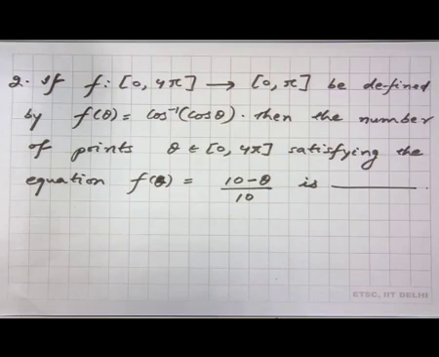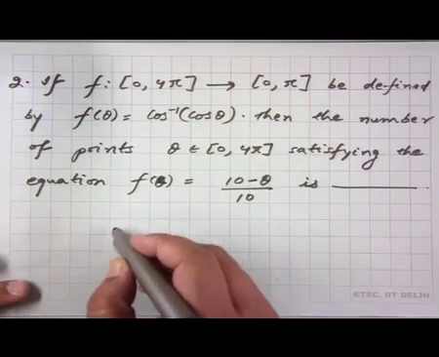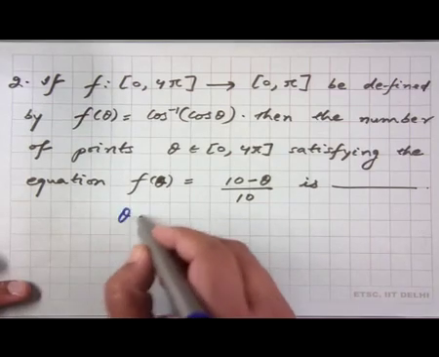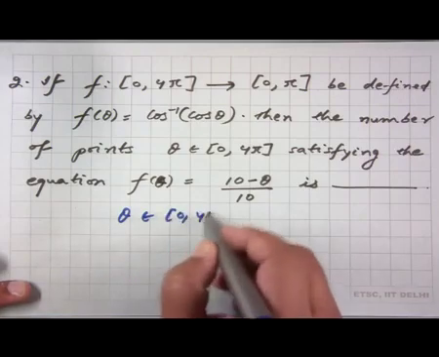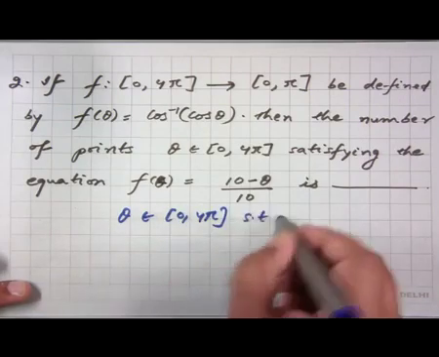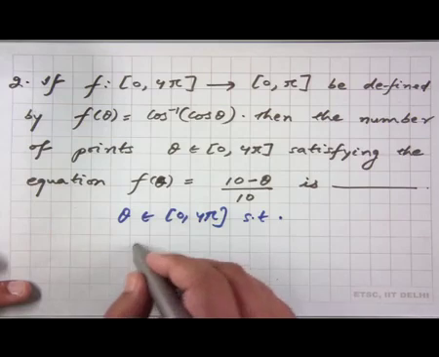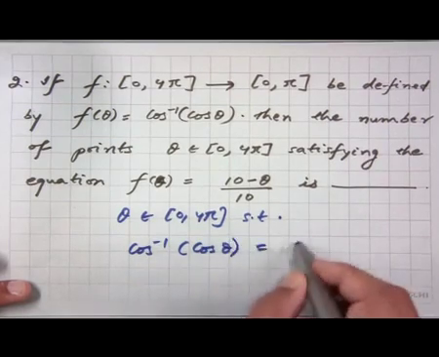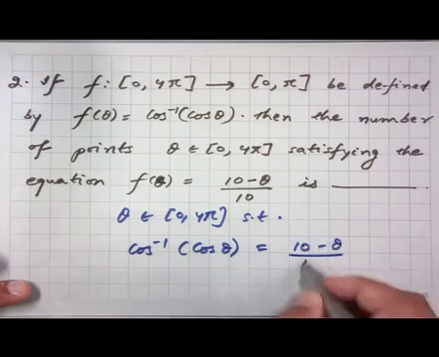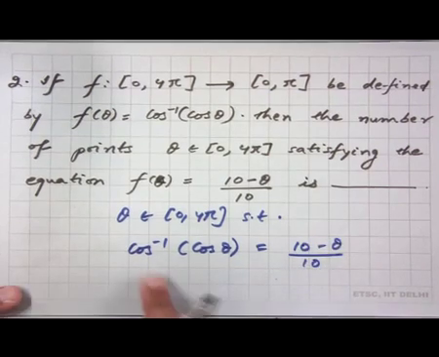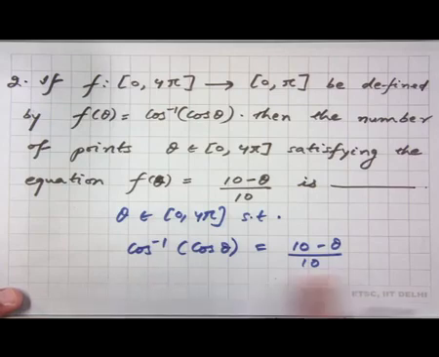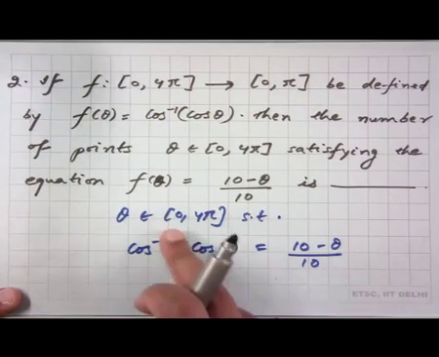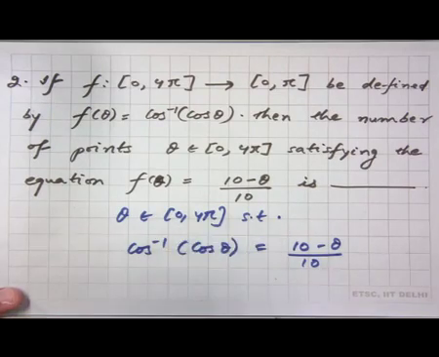So, essentially we need to solve for all theta belonging to the interval 0 to 4 pi such that cos inverse cos theta equals 10 minus theta over 10. So, we need to find out how many solutions to this equation exist in this interval 0 to 4 pi.